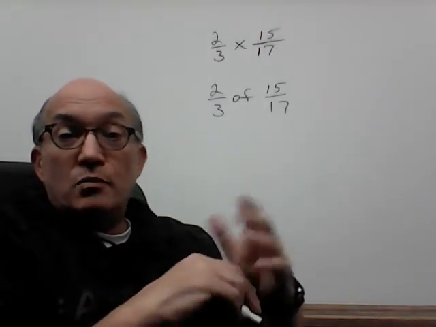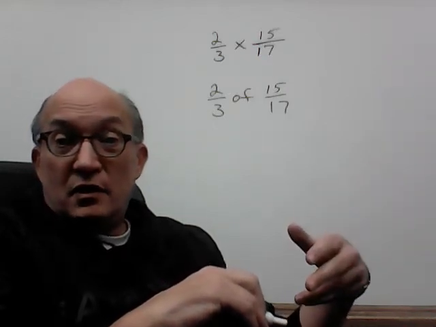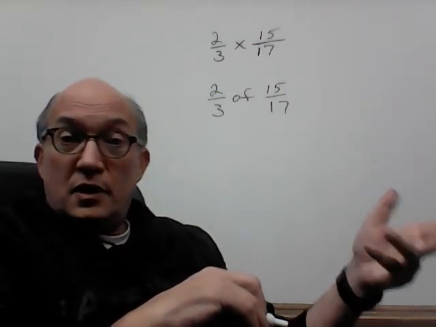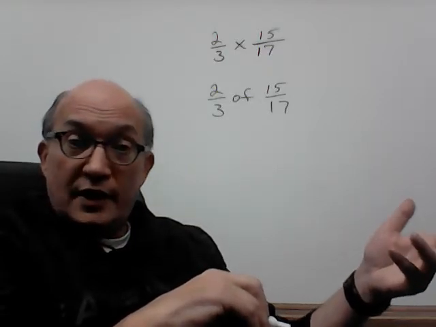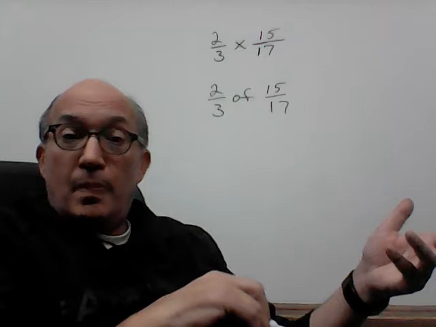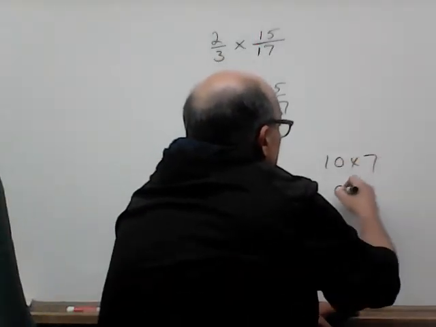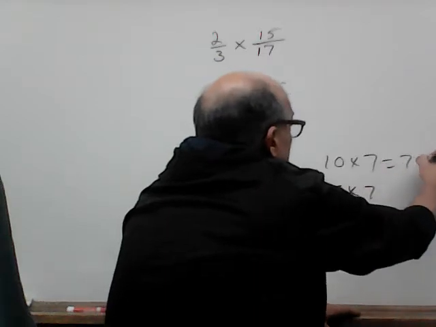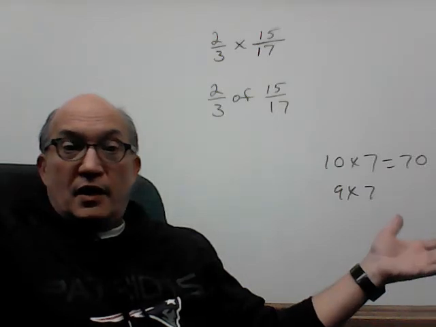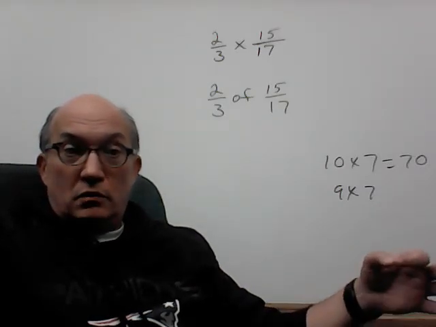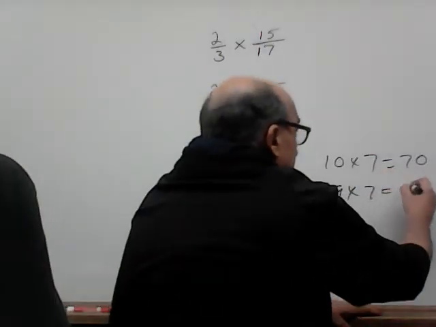You might have even thought, well, 7 times 10 is 70. 7 times 9 is going to be 7 less than that, because 10 times 7 is 70. 9 times 7 is 1 fewer 7. So it's 7 less than the 70, and it's 63.